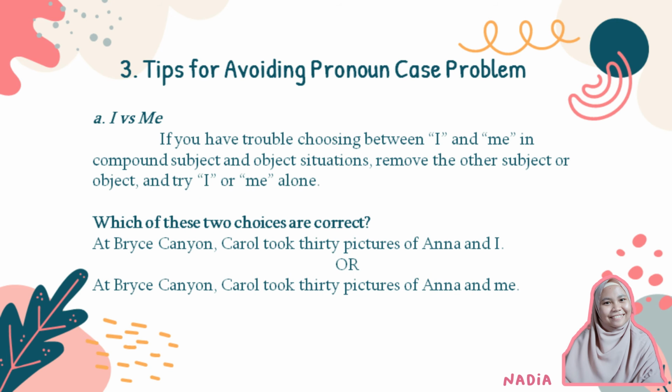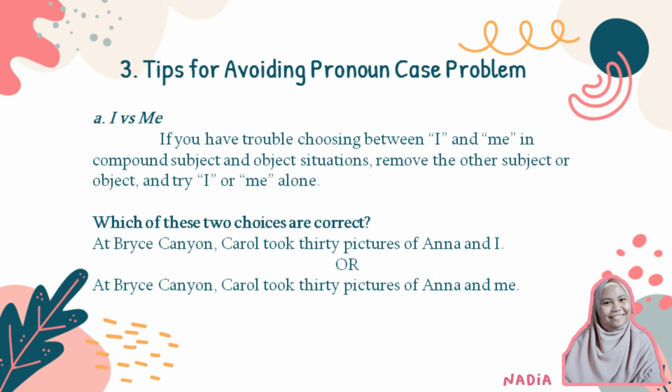Number 3, tips for avoiding pronoun case problems. A. I versus me. If you have trouble choosing between I and me in compound subject and object situations, remove the other subject or object and try I or me alone. Which of these two choices is correct?